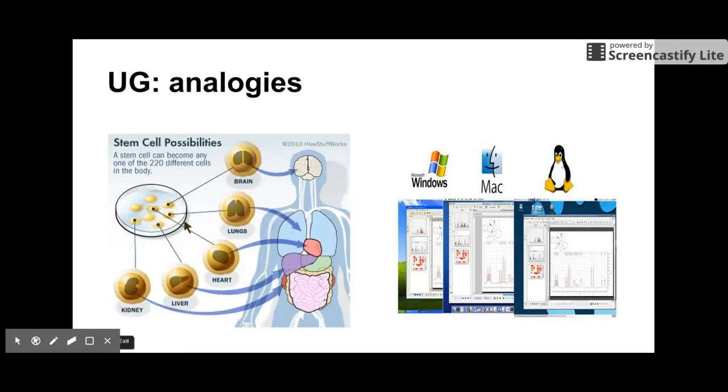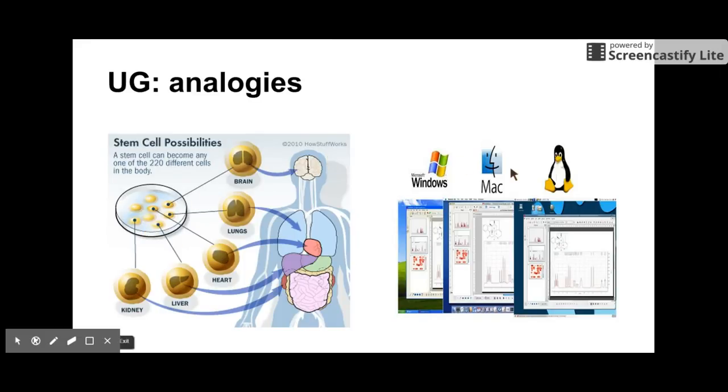UG would be very similar to a stem cell. It's the prototype of language. A stem cell will become kidney, liver, heart, or something else. UG will become English, Spanish, German, or something else.